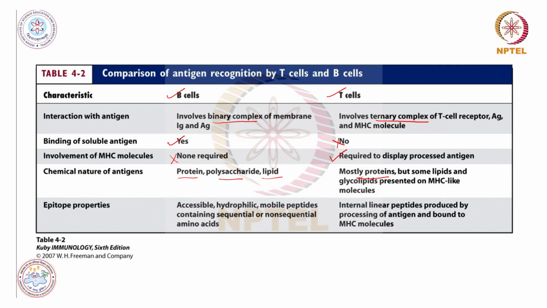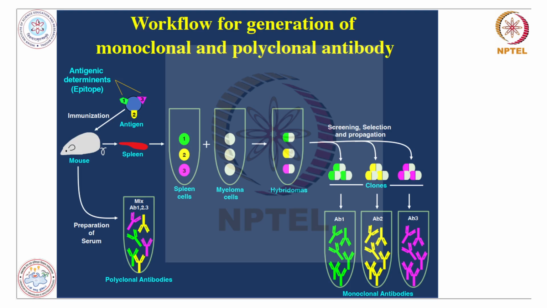The epitopes of B cells are accessible because they are hydrophilic, mobile peptides containing sequential or non-sequential amino acids. Whereas in the case of T cells, they are internal linear peptides produced by processing of antigen and bound to MHC molecule. So there are differences between how these antigens will be recognized by B cell or T cell.